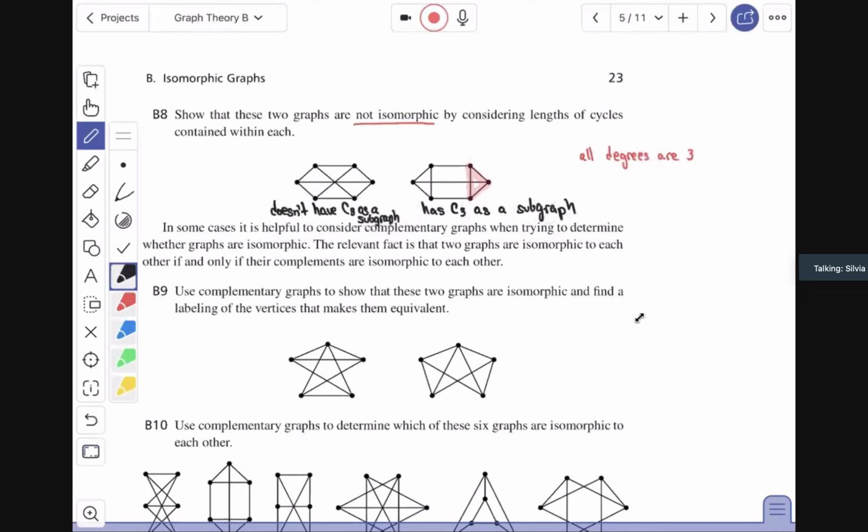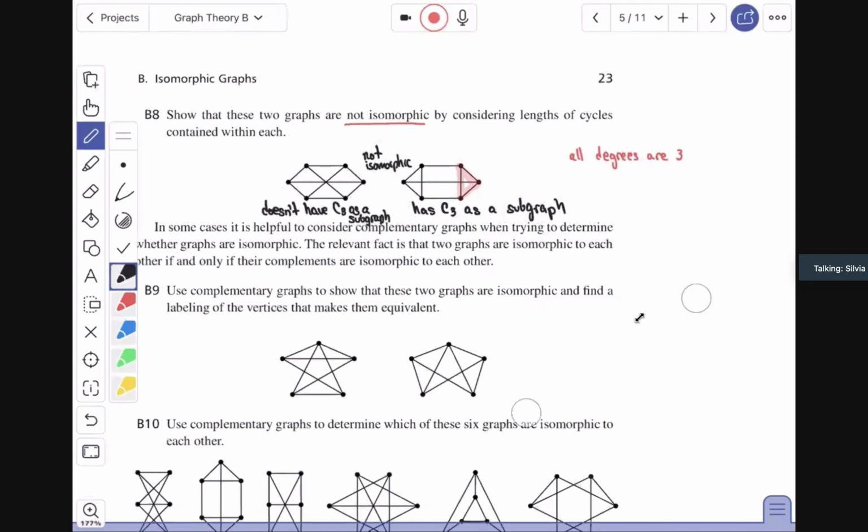So they're not isomorphic. They also need to have the same number of same size cycles. So if one has two C3s, the other one has two C3s. If one has three C4s, the other one needs to have three C4s, and so on. They have also the same number of cycles inside.